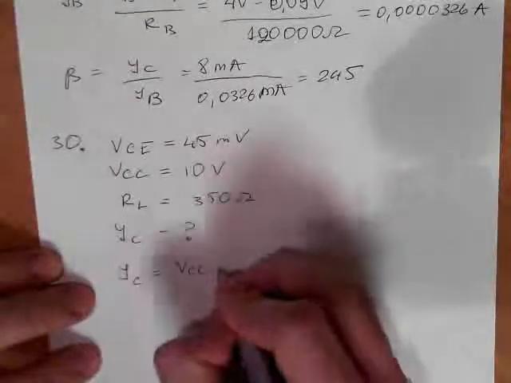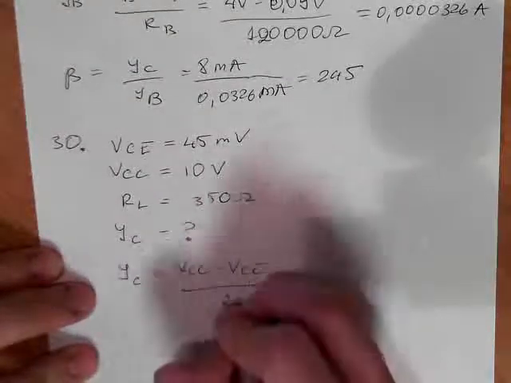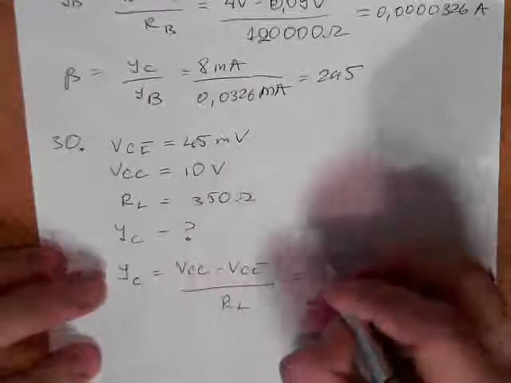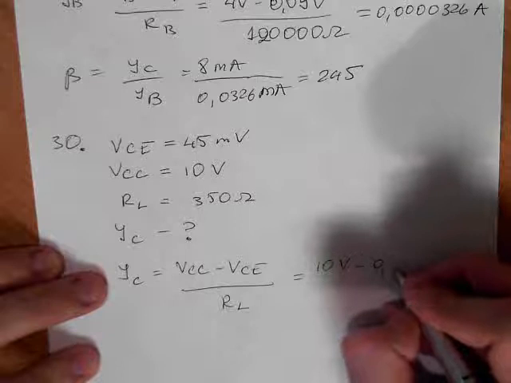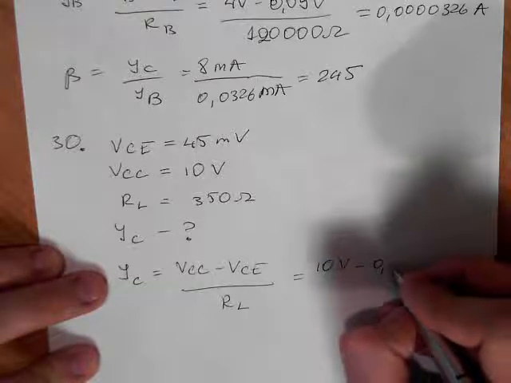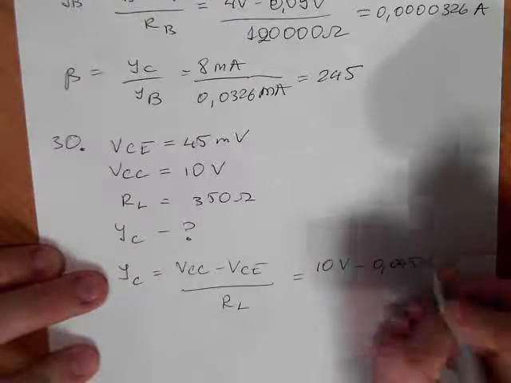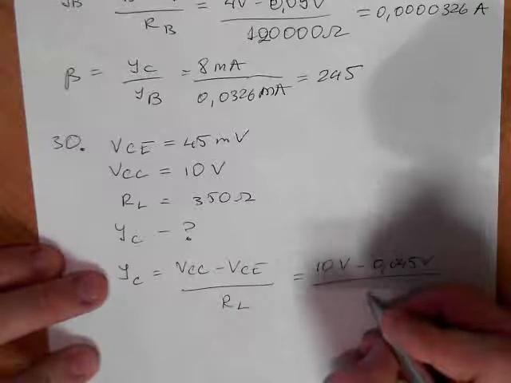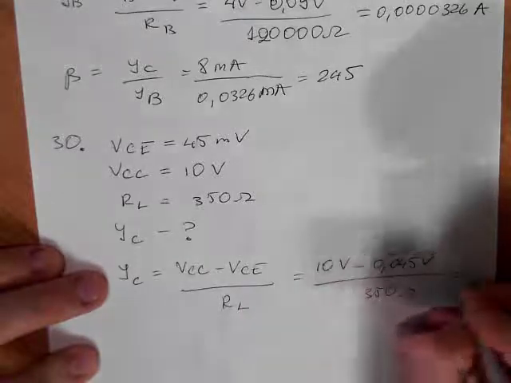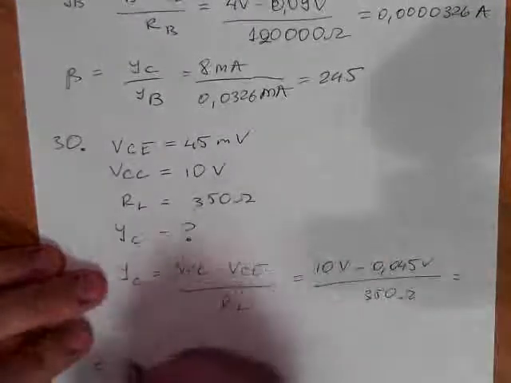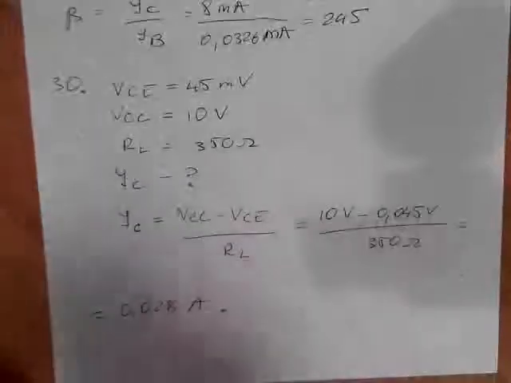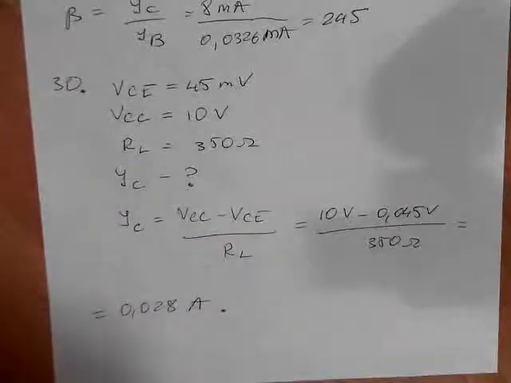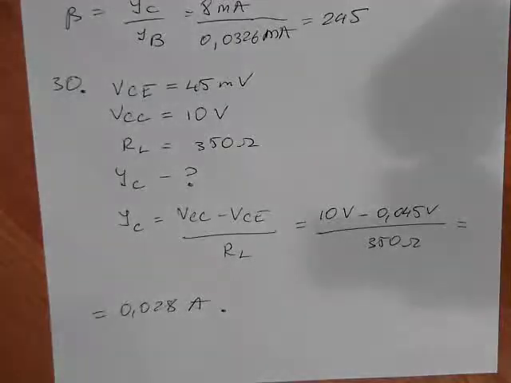It is VCC minus VCE divided by RL, and it is 10 volts minus 0.045 volts, and we divide by 350 ohms, and we get 0.028 amperes, and this is the answer. So basically this is it. Only the numbers will be given.